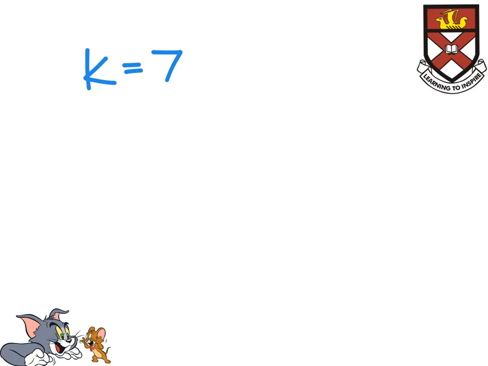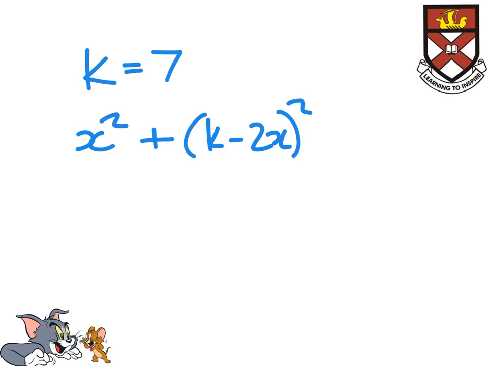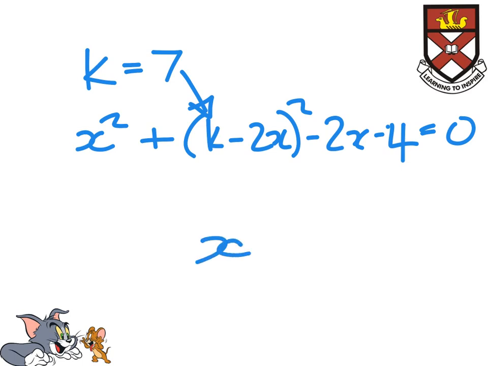So your initial expression, which was x squared plus (k minus 2x) all squared minus 2x minus 4 equals 0. Okay, you put 7 back in there for k, tidy all the brackets up, work it all out, you should end up with x equals a nice wee simple number.